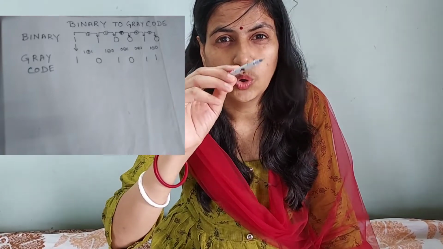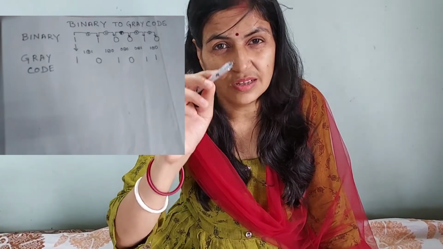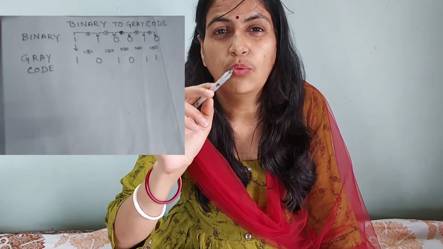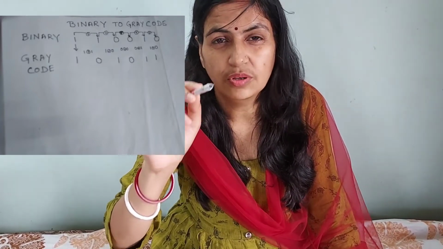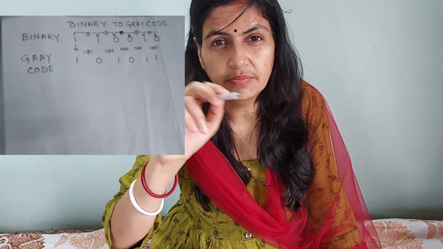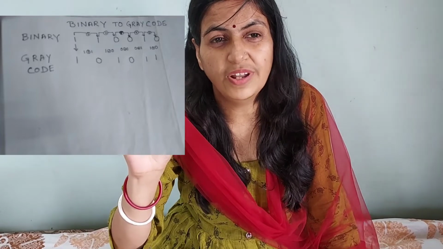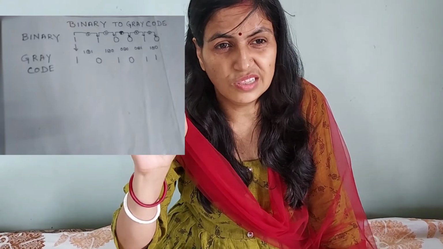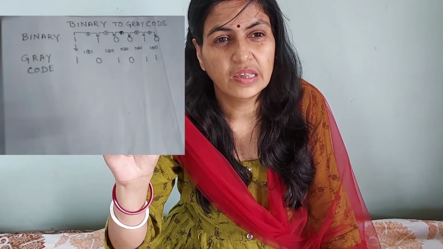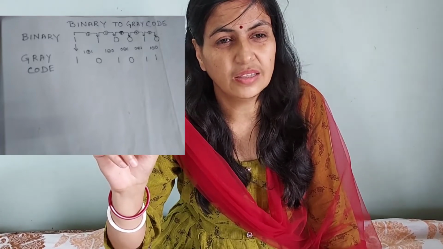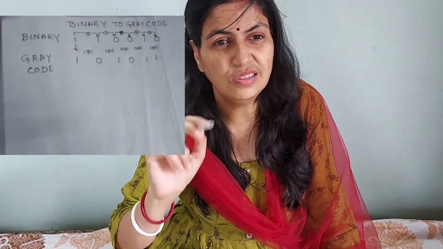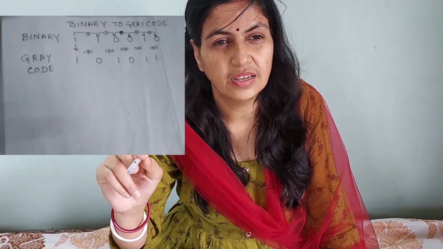Then 1 XOR 1 is equal to 0, so we have 1 0. 1 XOR 0 is 1, so 1 0 1. 0 XOR 0 is 0, so 1 0 1 0. 0 XOR 1 is 1, so 1 0 1 0 1.